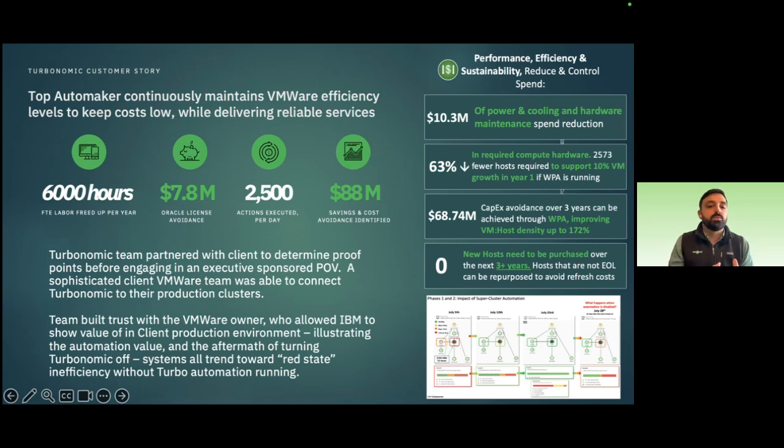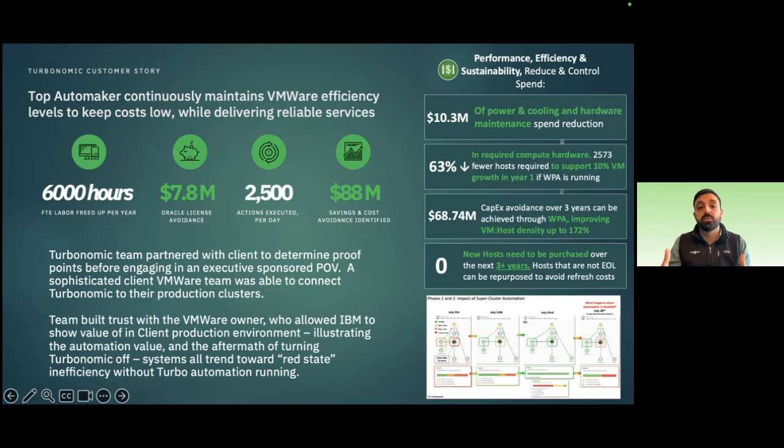Within some of these engagements in the first 30 days during the POV, executing action, being able to drive this amount in Oracle license avoidance or some of the power and cooling maintenance reduction, because we're able to shrink the footprint on what's really required to drive those performance numbers for the workload.